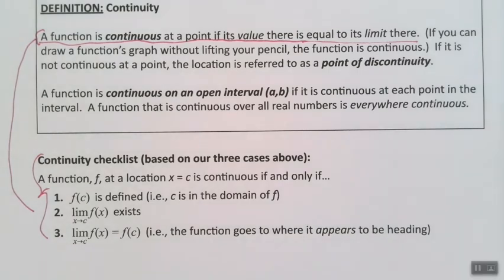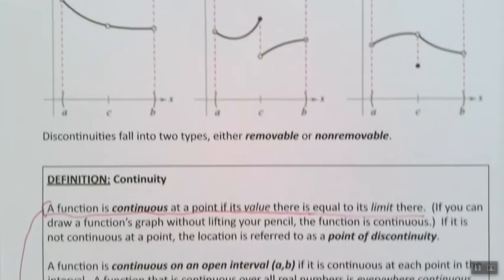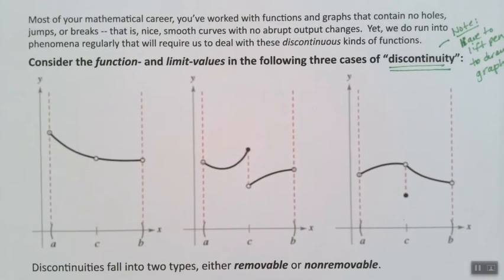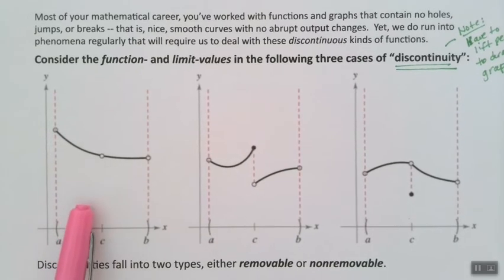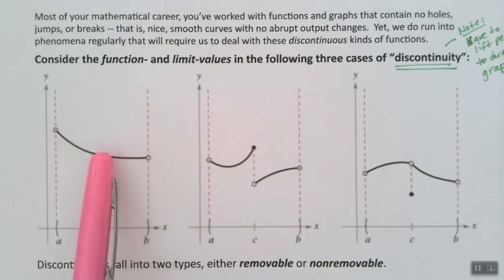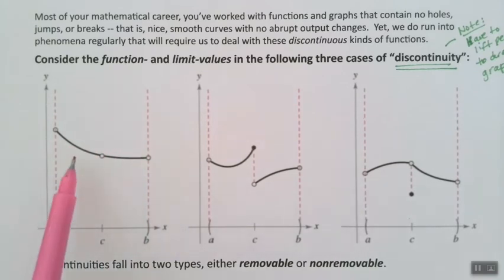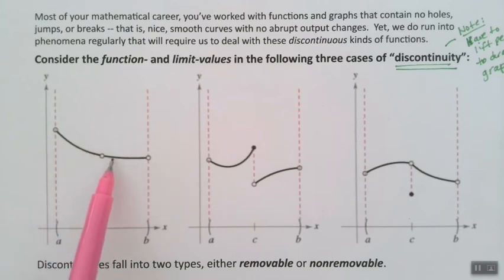All right, so if we look back up at the top real quickly, we're violating these conditions in a couple different ways with these three graphs, and that's what makes them so interesting. So if we look at part 1, this graph right here, what have we done? Well, we have a limit, right? The limit as we approach from either side exists. So I've got a limit over here and a limit over here, and they're the same number.